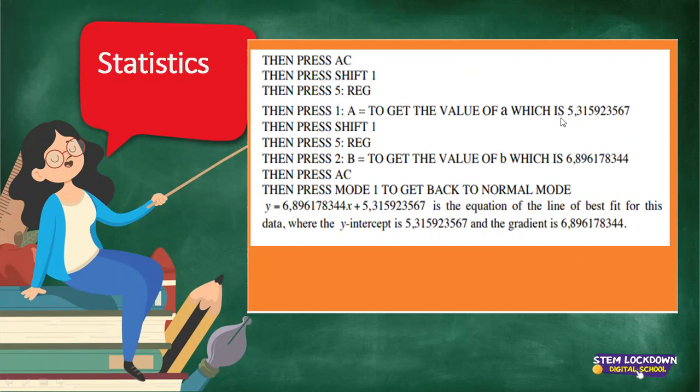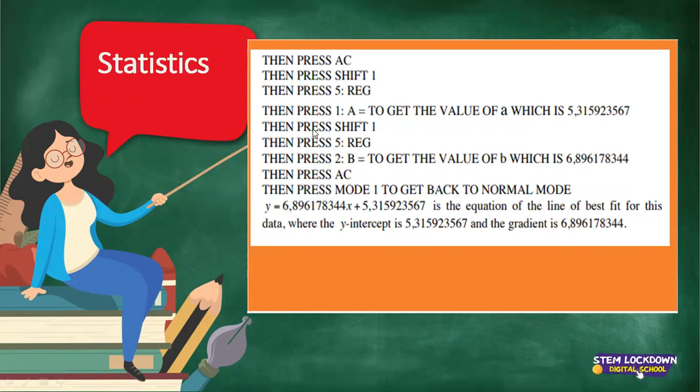When you press 1, 1 is indicating A. The 1 is sitting next to the A. So in this case, this value shows up in your calculator. That is your A value, which you can record and put down as your A, which you're going to use in your equation of regression.